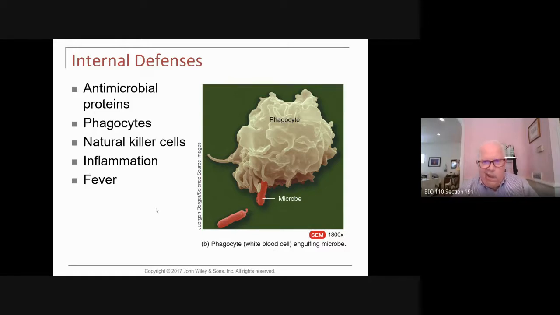You develop a fever because it's non-specific. You can get a fever from anything. Some of you told me before class started that when you got your second dose of COVID-19 vaccine, you developed a fever. That's a natural, innate defense, not specific to COVID-19.